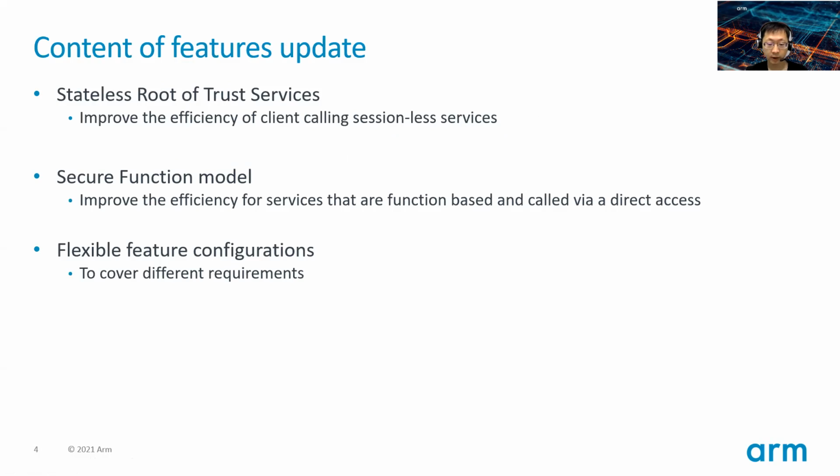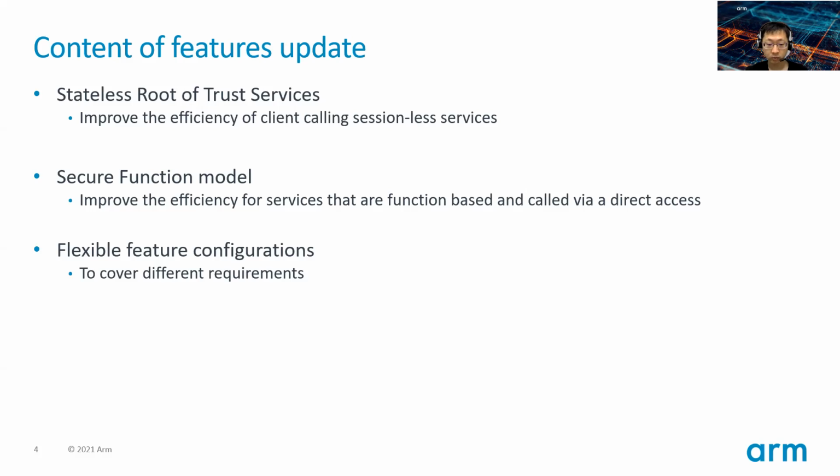The update today will cover three aspects. The stateless root of trust service, which improves the efficiency of calling sessionless services. The secure function model, which improves the efficiency and the performance for function-based services.